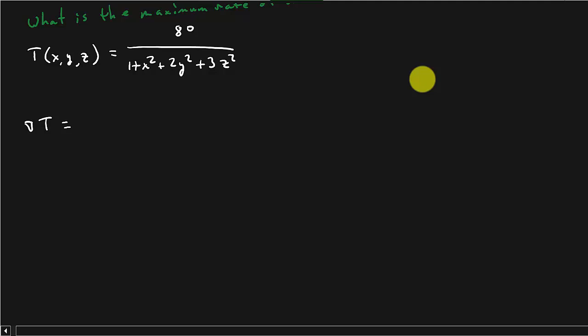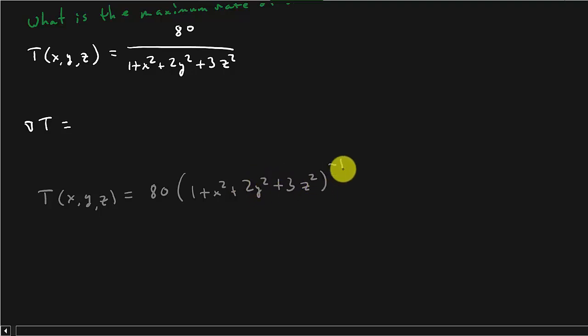Here's how you can do the partial. I could rewrite T of x, y, z as 80 times (1 plus x squared plus 2y squared plus 3z squared) to the negative 1. If I take the partial with respect to x, the negative 1 comes down, so that's negative 80 times (1 plus x squared plus 2y squared plus 3z squared) to the negative 2.